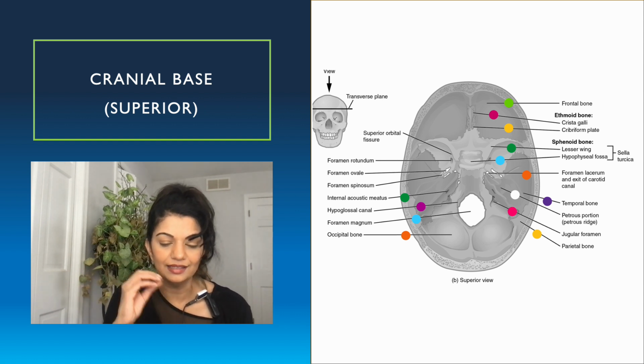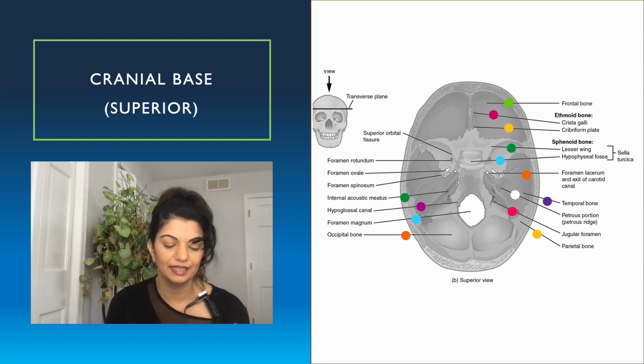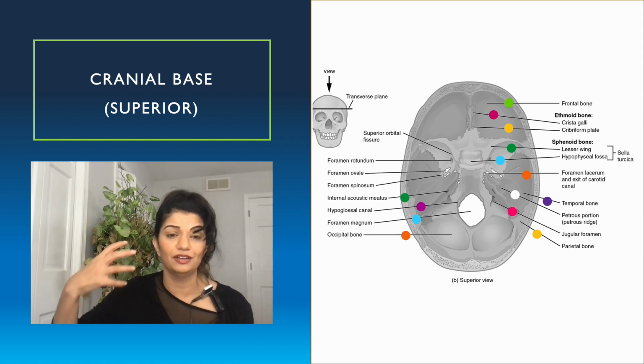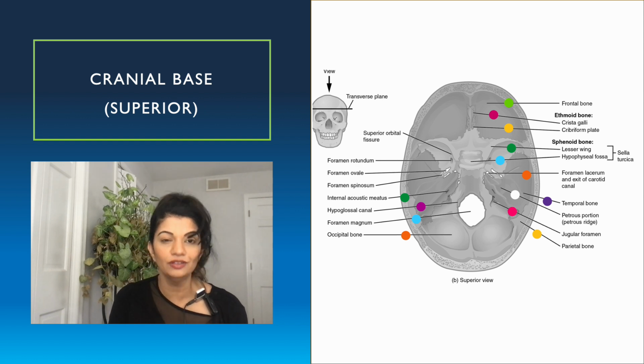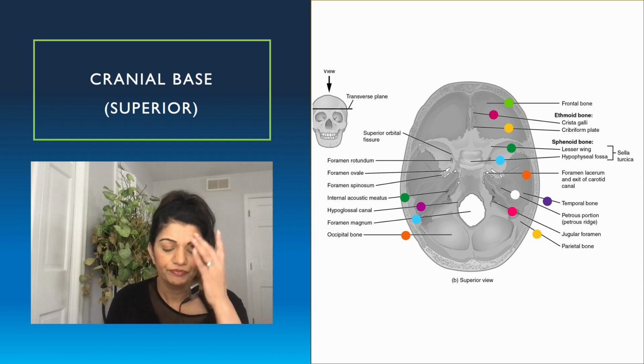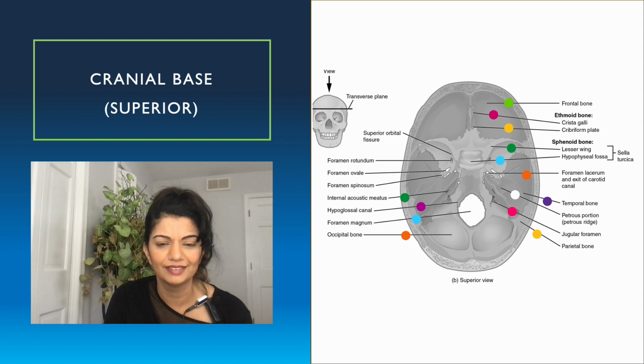So it basically connects the inner ear to the posterior cranial fossa, and it has the facial and vestibular nerves that go through it. It has the labyrinthine artery, and it also has the vestibular ganglion. So it's a lot going on there in this little canal, or not canal, meatus.